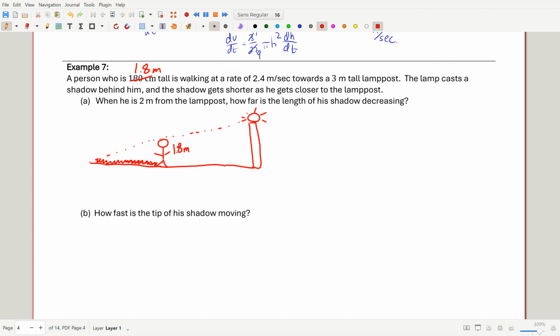And what's the other part? The lamppost is 3 meters tall, and that obviously is also not changing. Okay. He is walking at a rate of 2.4 meters per second towards the lamppost. So he is going this way, 2.4 meters per second.